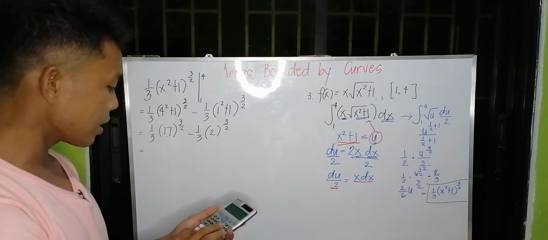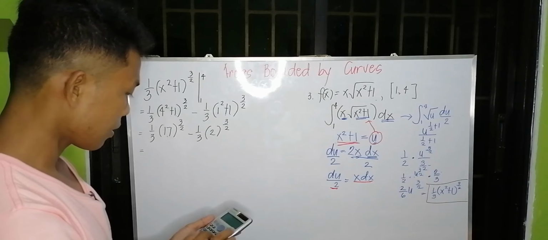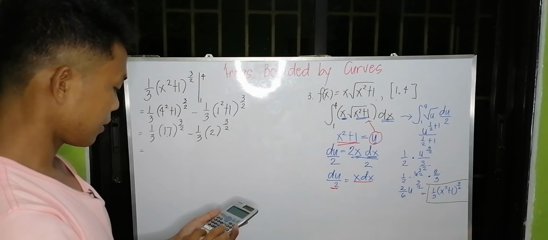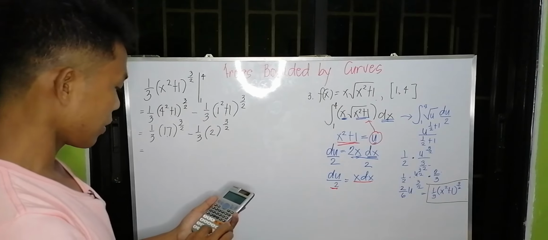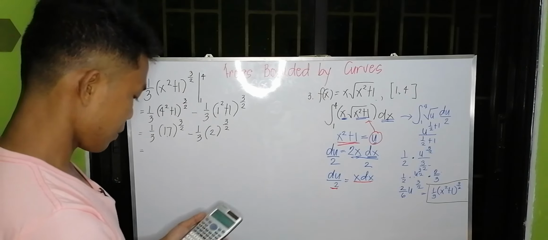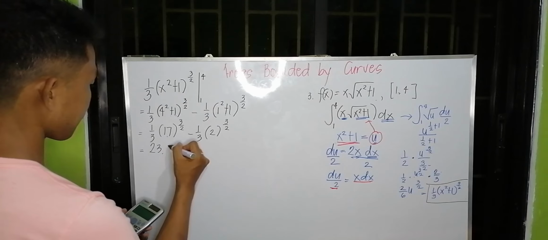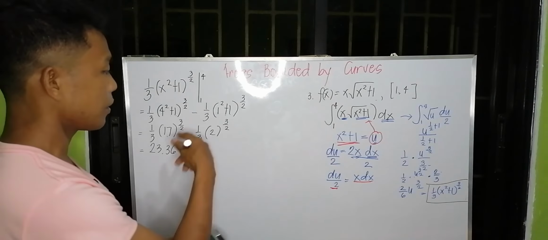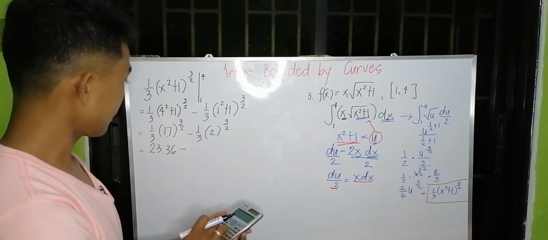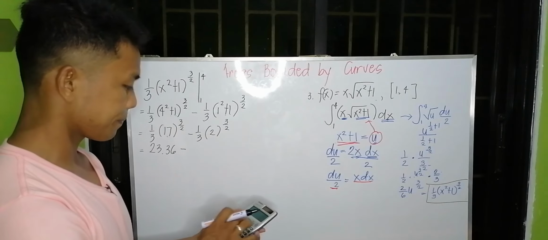This is 17 raised to, this is 3 over 2 times 1/3. We have 23.36 minus 1/3 times, this is 2 raised to 3 halves.